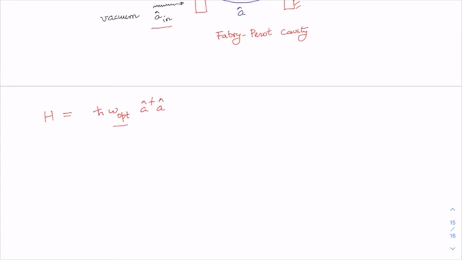cavity resonance frequency. Then we have another term that is a summation over all the Bath oscillators, h cross omega I b_i dagger b_i. So this term describes the energy of the Bath oscillators. In fact, these are electromagnetic oscillators.